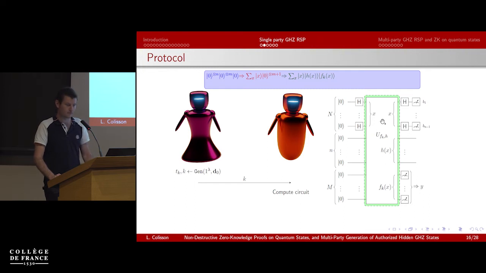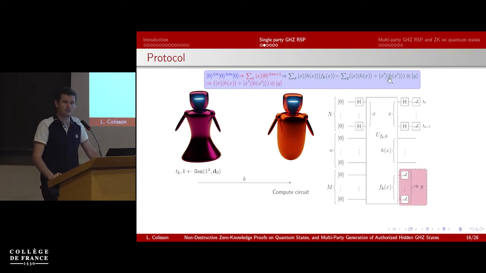It will compute f_k and h(x) on the 2 registers. Then, because this function is 2-to-1, we can rewrite that expression as follows. We can sum over all the possible outputs y, and for every y we have 2 preimages, x and x prime, so we can factor out the y and rewrite it that way.